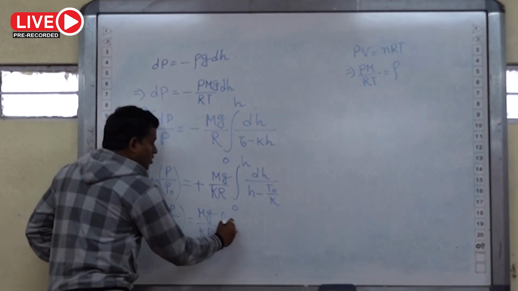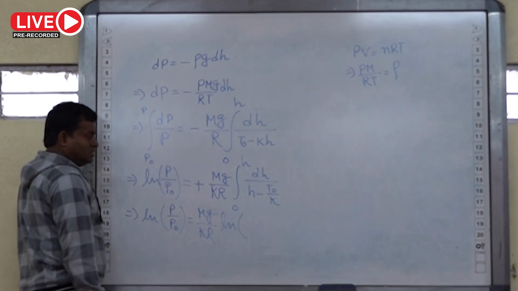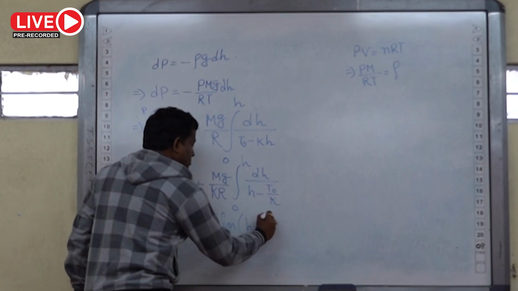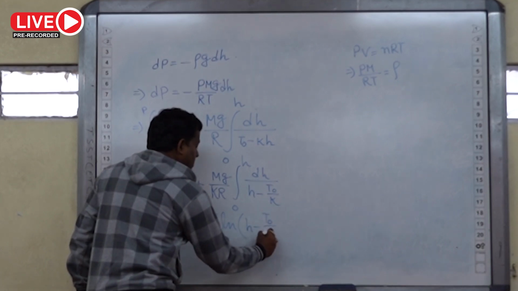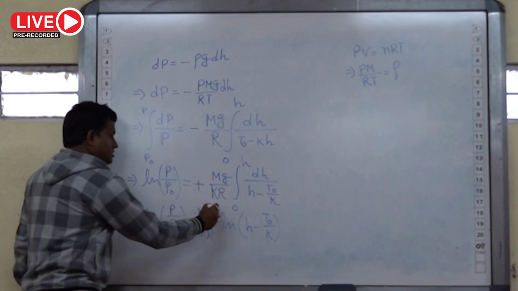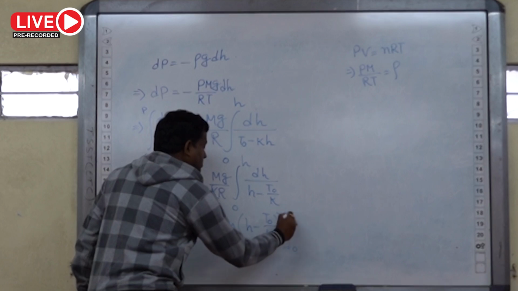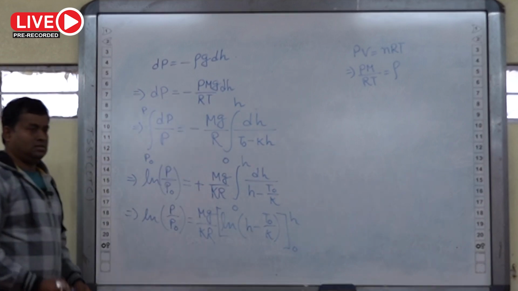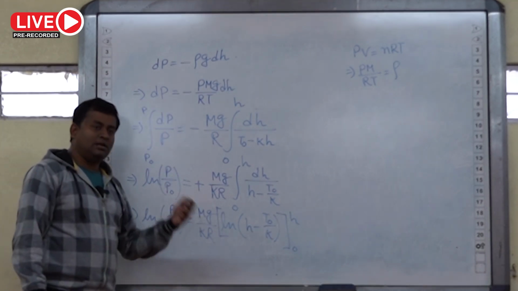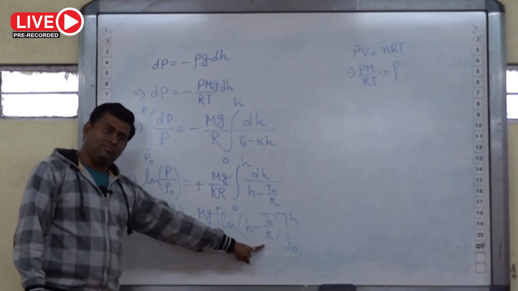times this term, which will be log of H minus T naught by K. Okay. Now you have to put the limits 0 to H. In the upper limit nothing will change; it remains the same.